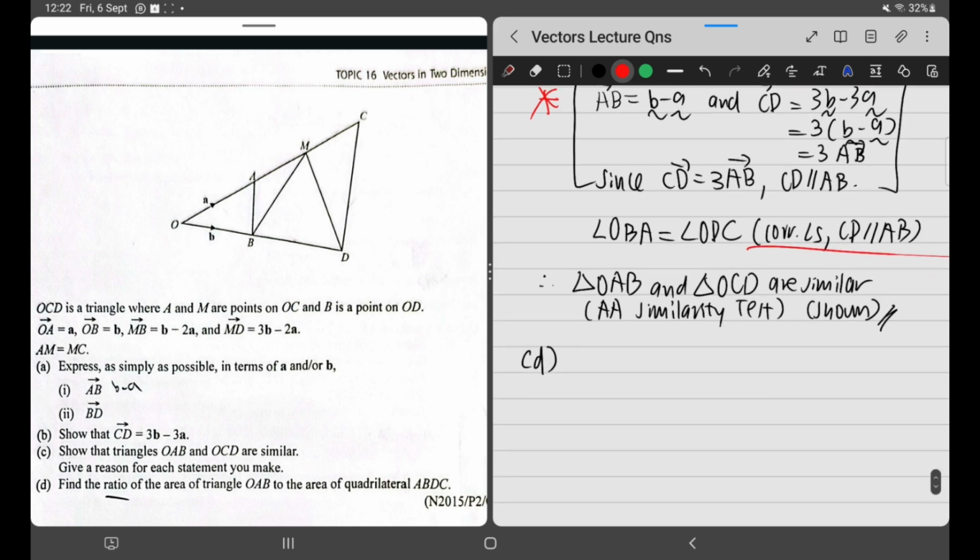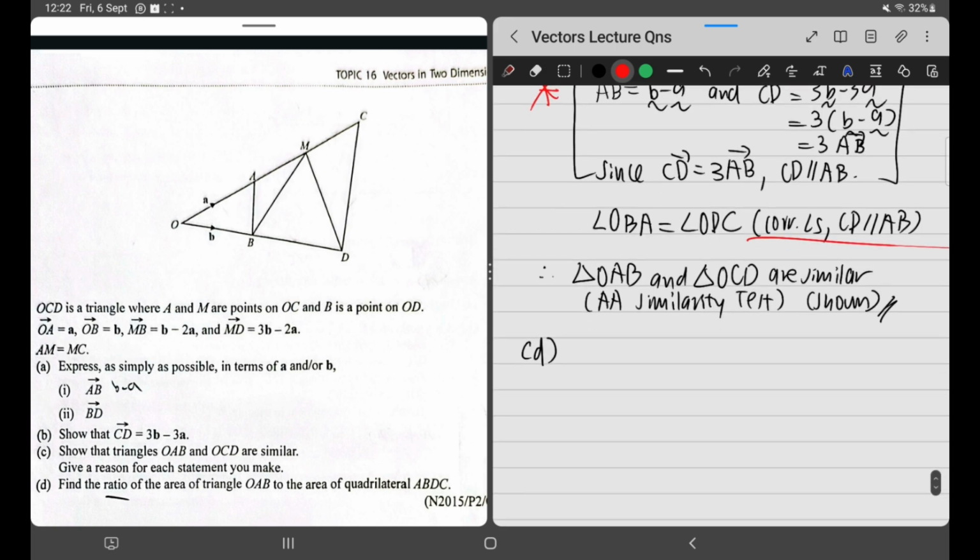Okay, last one. So they say find the ratio of the area of triangle OAB to the quadrilateral ABDC. So essentially they want area of triangle OAB over area of ABDC.